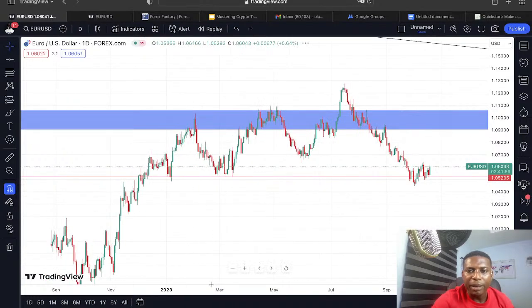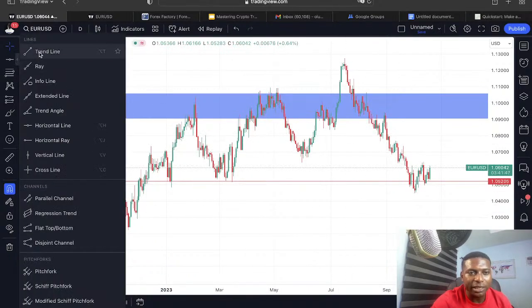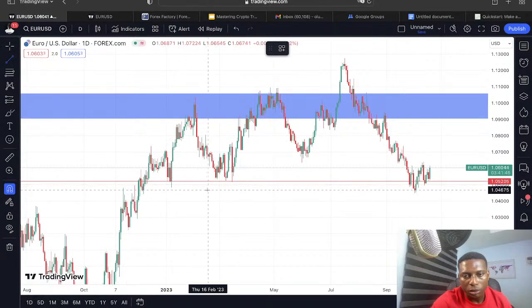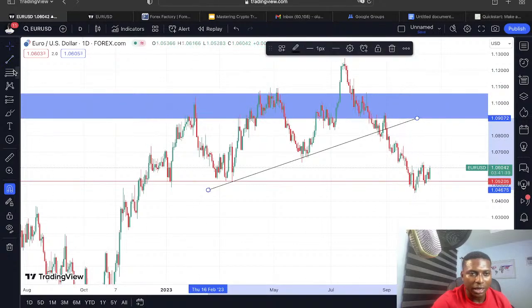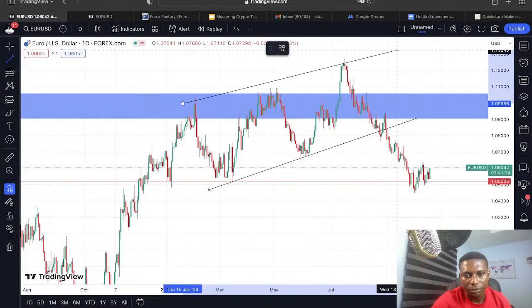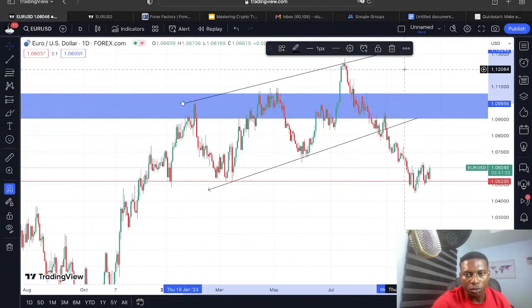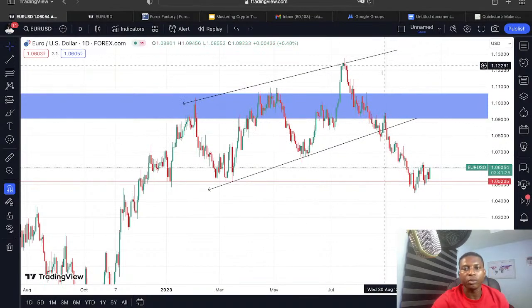Now, I remembered prior to the price breaking down out of this channel, I had created a trend line here. I created a trend line here, so that price coming here might push up to this level.